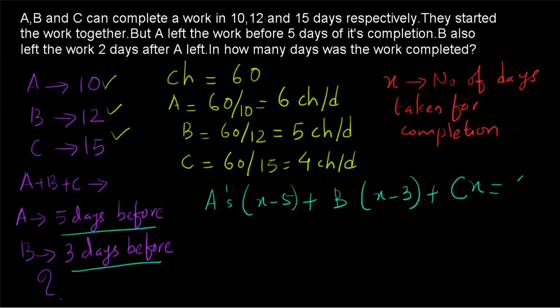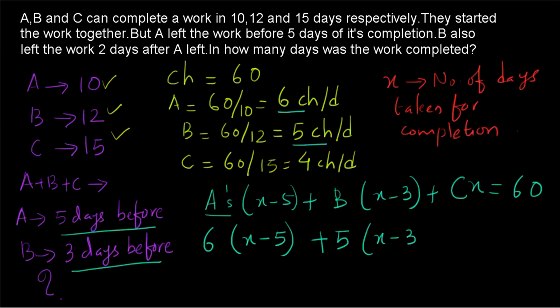So this is giving us 60. So how many chocolates is A having for one day? A is having 6 chocolates per day. So within X minus 5 days, A will be having 6 into X minus 5 chocolates. And B is having 5 chocolates per day and B is working for X minus 3 days. The total number of chocolates consumed by B is equal to 5 into X minus 3.